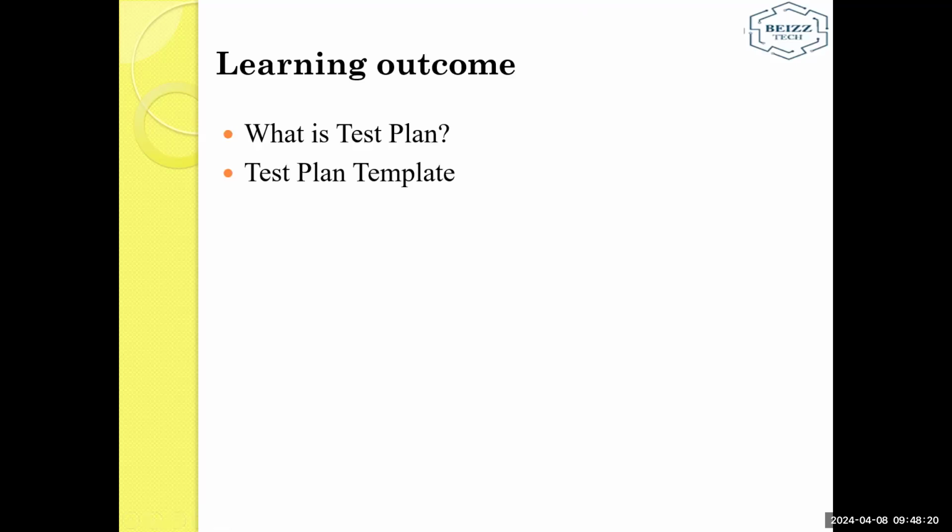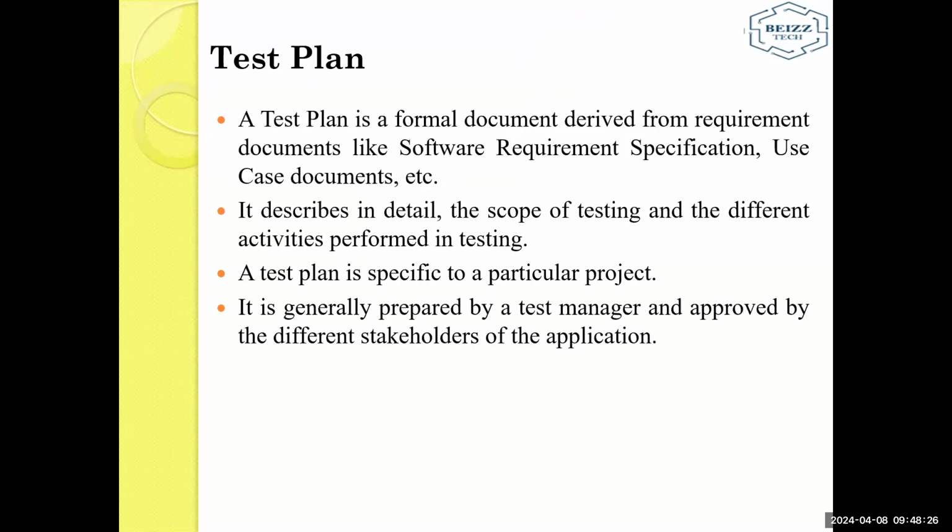So, the learning outcome from this chapter is only two points: what is a test plan and what is a test plan template. Test plan is one of the formal documents derived from requirement documents like software requirements and use case documents, right? And it describes in detail the scope of testing and the different activities performed in this particular testing process.